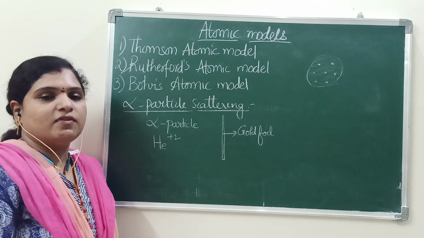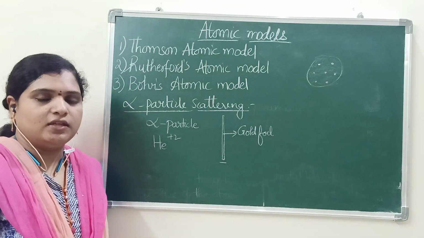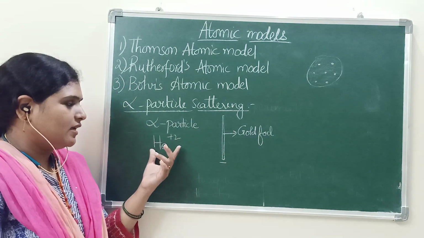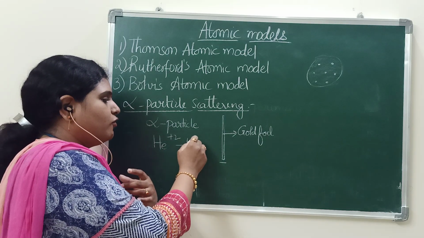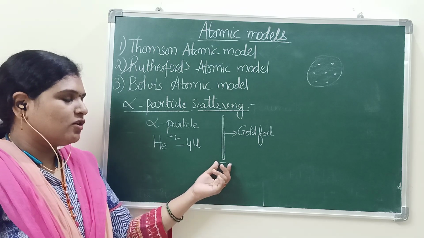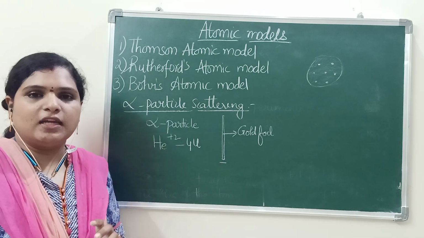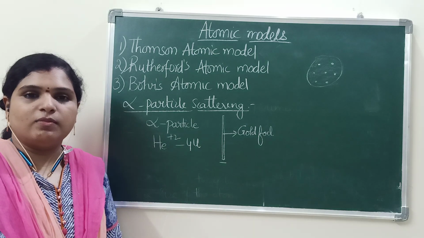That is the reason he chose gold foil for his activity. He took alpha particles having mass 4 units, and the mass of a proton we can take as 1 unit. Like that, he did the experiments.